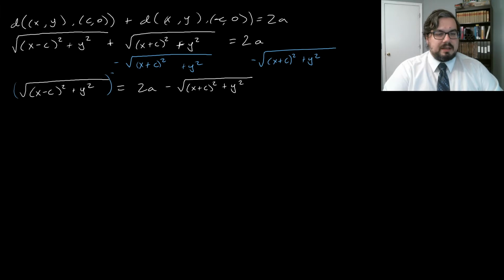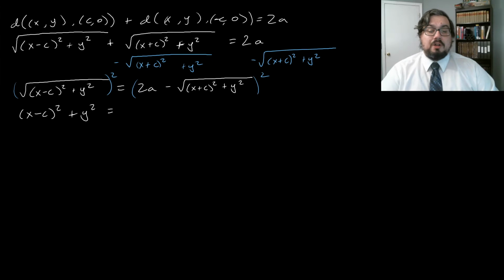Now let's go ahead and square both sides of this equation. On the left, that's exactly going to cancel out the square root expression that we had. On the right, things are more complicated because we're taking the square of an expression with two terms, which means that we actually have to expand it all out.